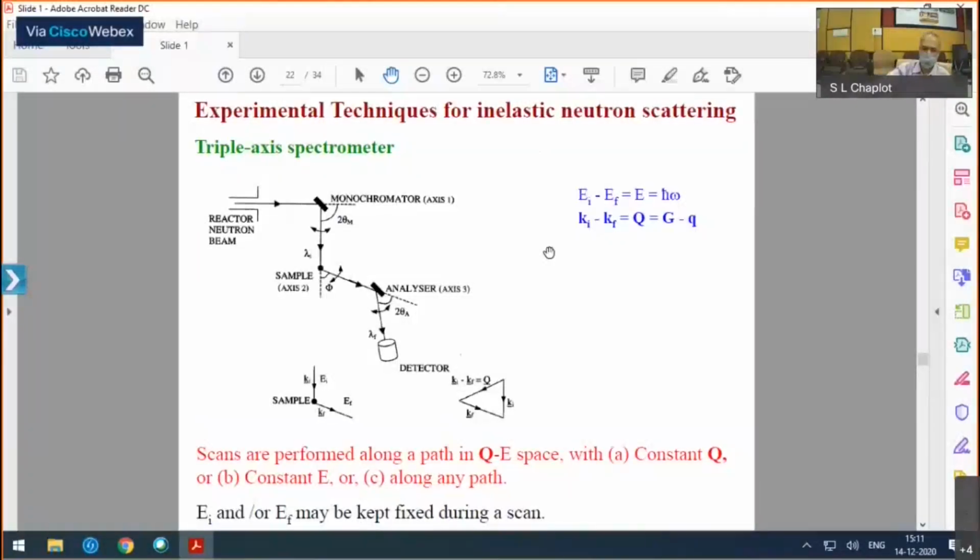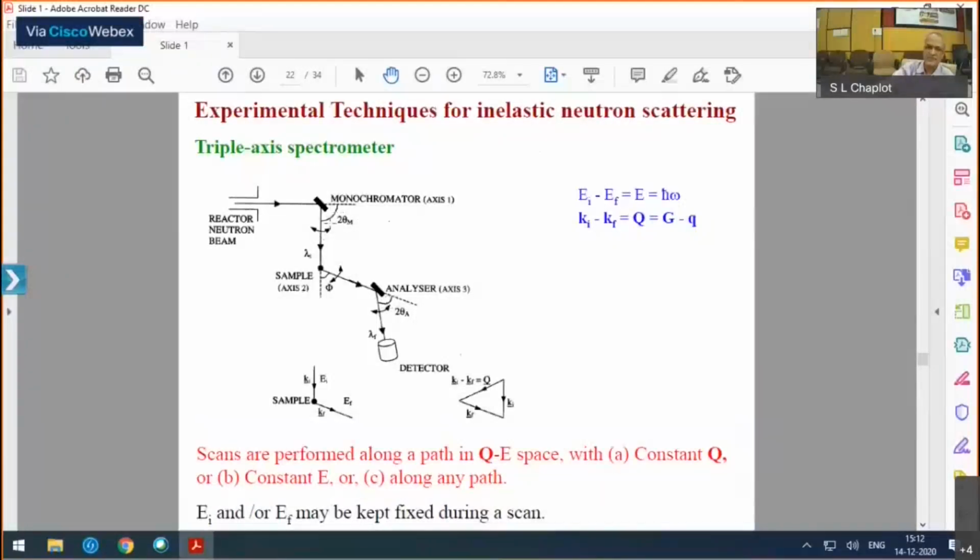It could be half a degree or a degree, and that mismatch is really very important and essential to get a good neutron intensity, because otherwise your intensity would be extremely poor if you try to have an extremely tight resolution. So we purposely have to spoil the resolution to a certain extent so that we get a good neutron intensity from the monochromator and also from the analyzer.